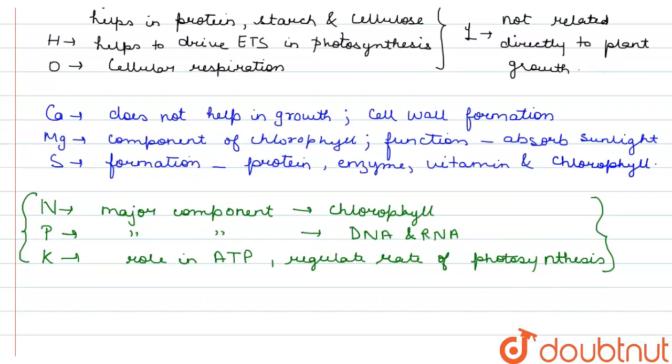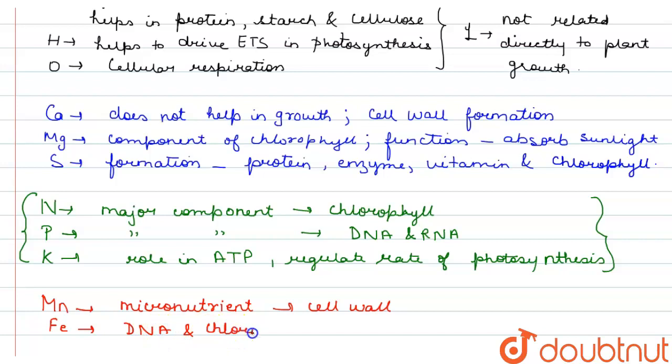If we talk about option number 4, that has manganese, which is a micronutrient involved in the cell wall. Iron is helpful in DNA and chlorophyll synthesis, but again it's a micronutrient.